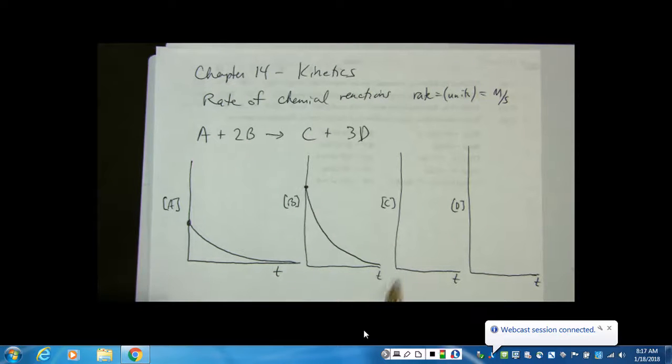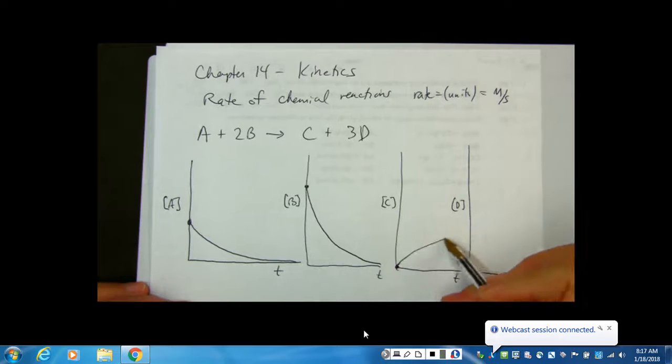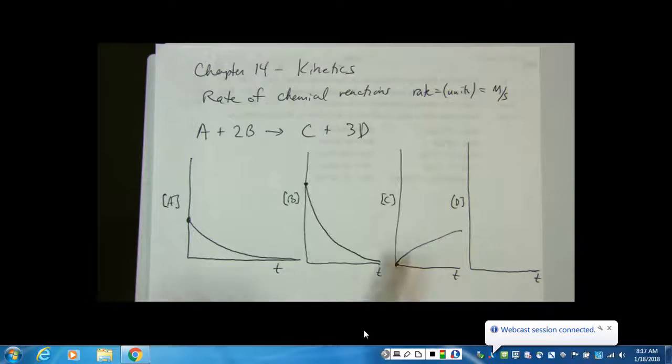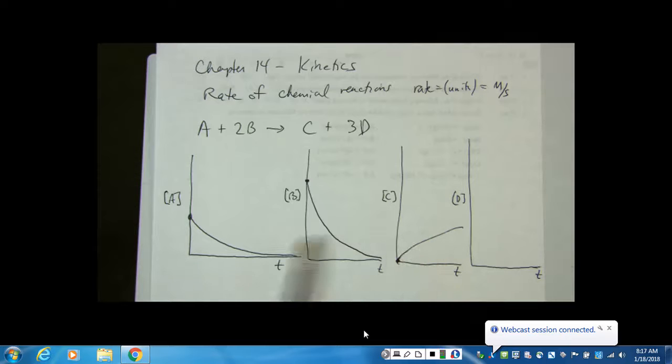What's C going to look like? It's going to go up. If I didn't have to compress these to get it on the paper, and I added this plus this, anybody know what that would look like?